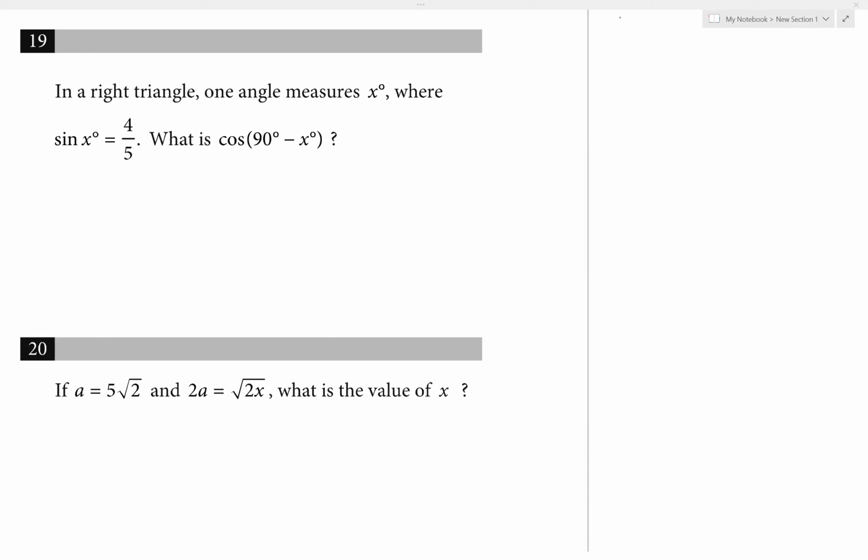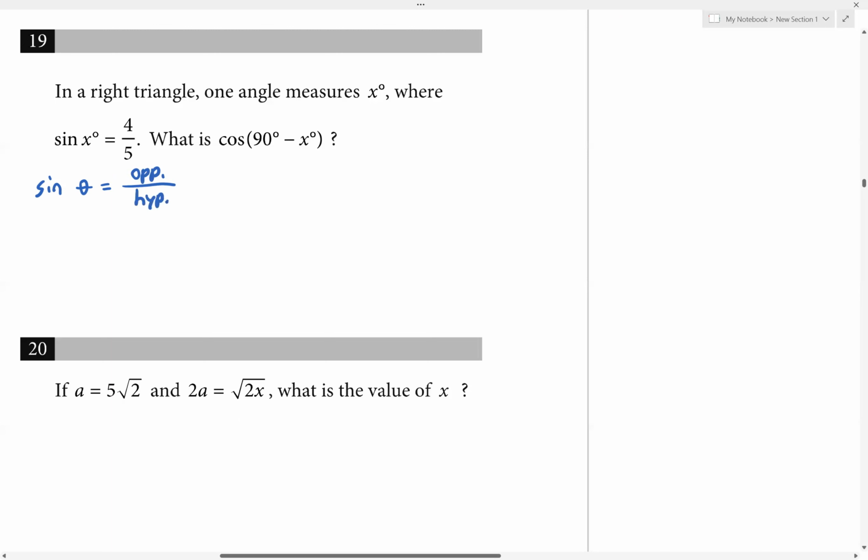Remember, the trig functions give us the ratio of two sides in the right triangle. Sine of an angle theta is always the opposite side divided by the hypotenuse.